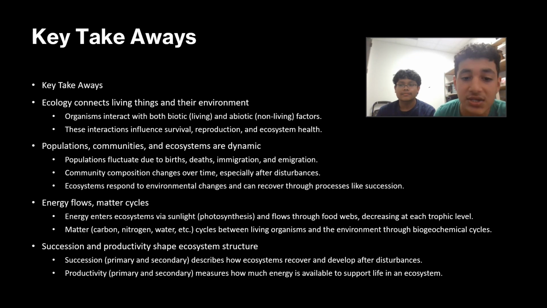There's also succession and productivity, which shape ecosystem structure. Succession, primary and secondary, describes how ecosystems recover and develop after disturbances. There's also productivity, which also has primary and secondary, which measures how much energy is available to support life in an ecosystem. And I hope this part of the key takeaways summarizes and helps you better understand.